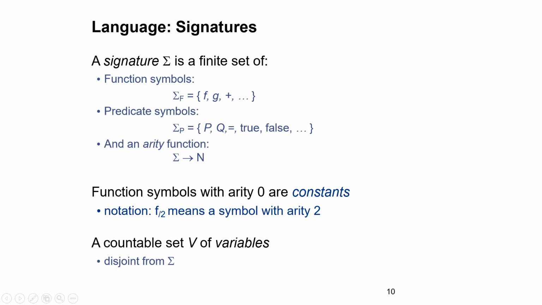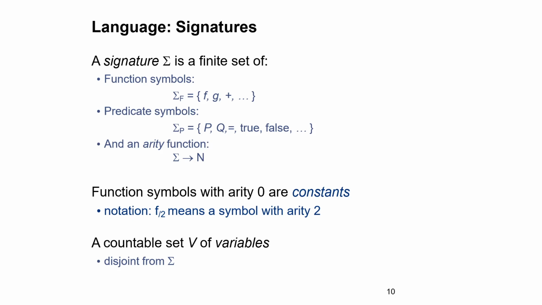For function symbols, we usually have some alphabet, and some examples of functions could be f, g, or a very concrete function, the plus. We don't know yet how plus is defined, but that's a function, right? It usually takes one thing on the left, one thing on the right, and returns a new value.